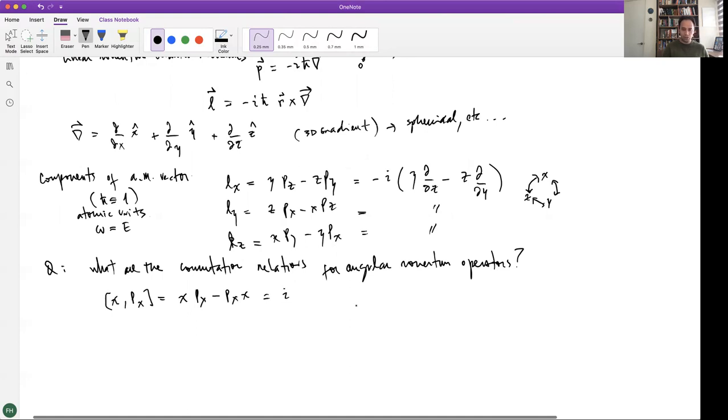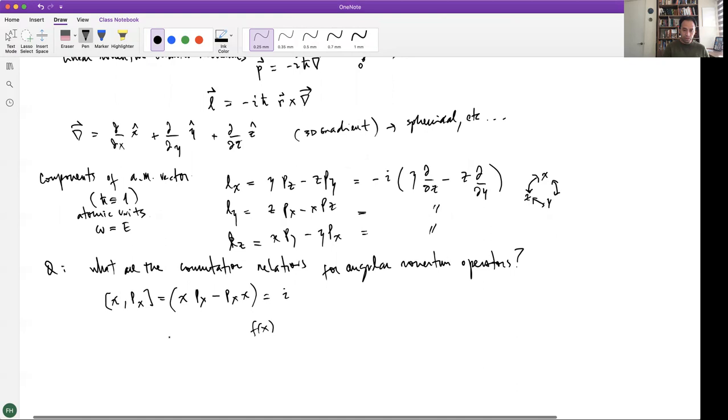Well, you can think of this as an operator itself, and then you can act this entire operator onto a function, let's say f of x.